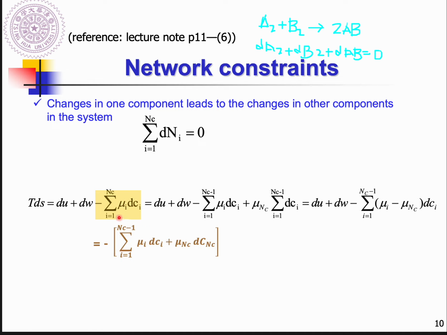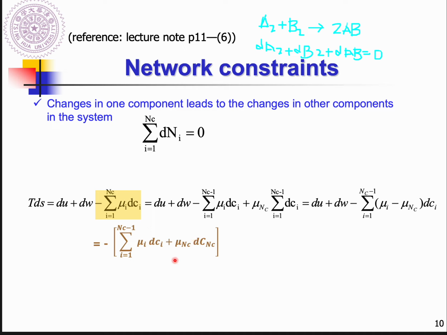What I did is separate this term from I equals 1 to NC minus 1, and the last term is when I equals NC, so it is mu NC dNC. Just separate into these two terms.